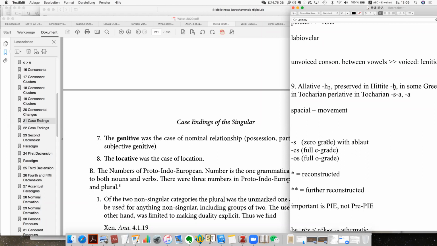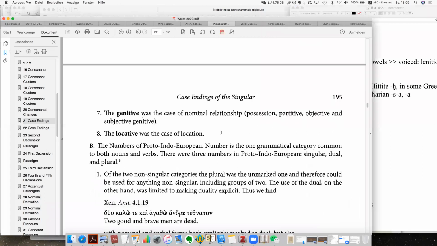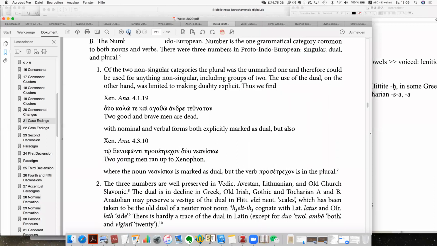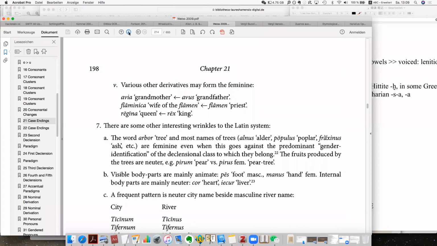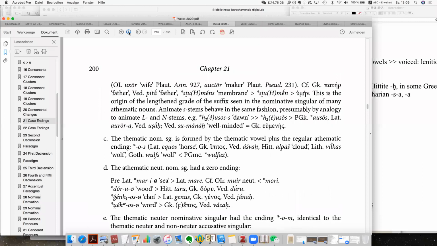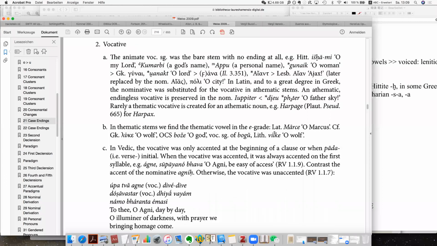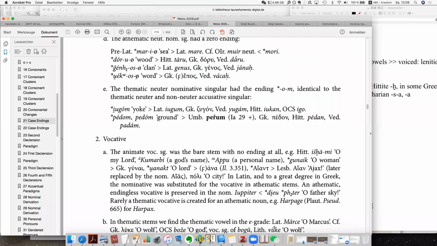Okay, and then we talked about the cases. I think we started from the nominative.